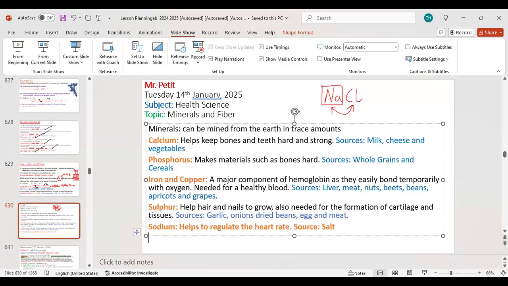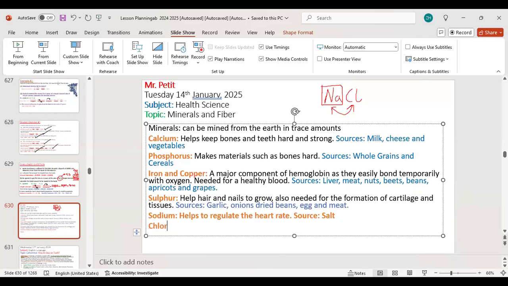And then chloride, or chlorine before we change it. Chlorine is found in the digestive juices of the stomach. Mr. Petit, isn't chlorine also what people put in pools, right?